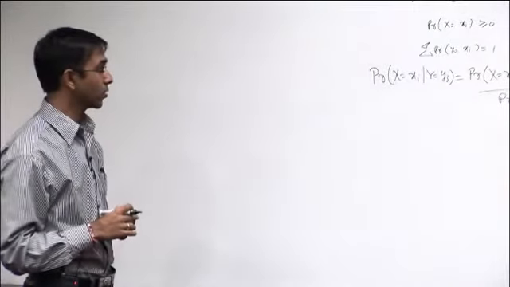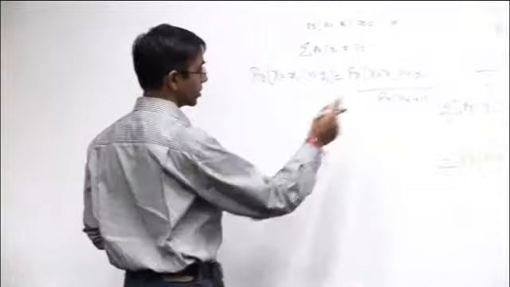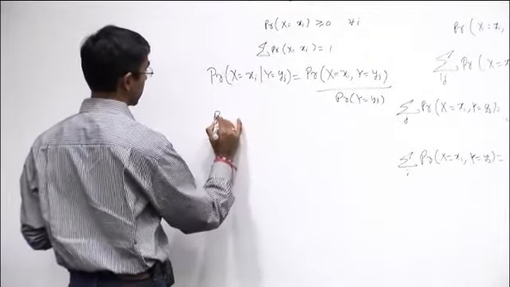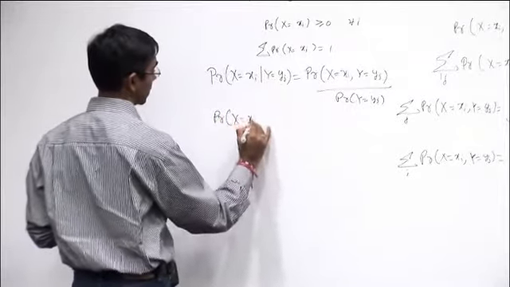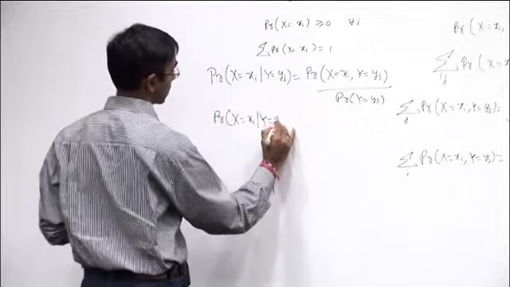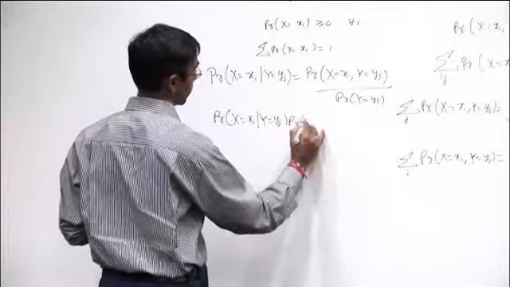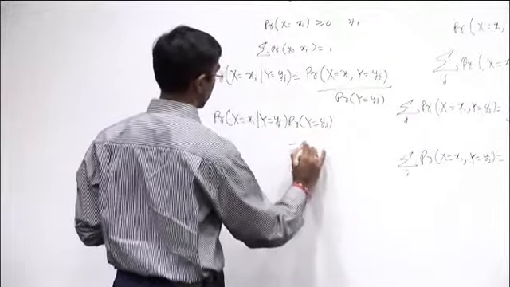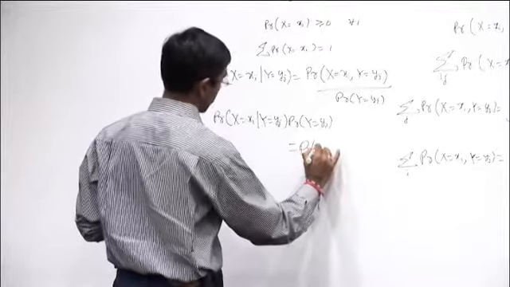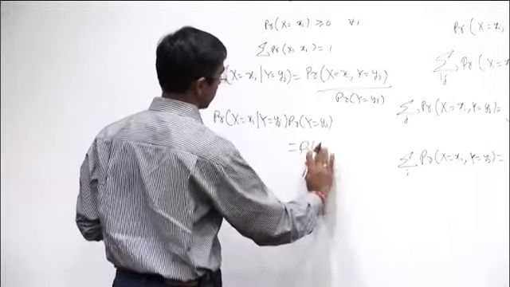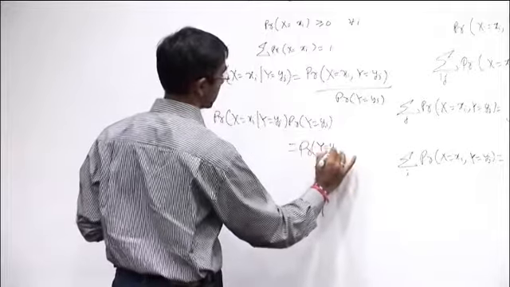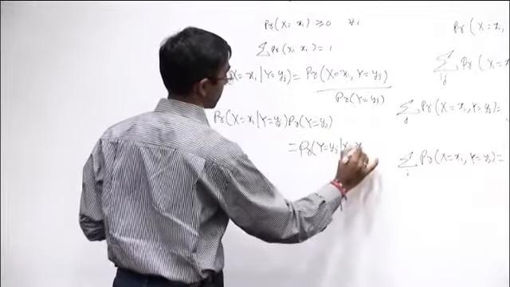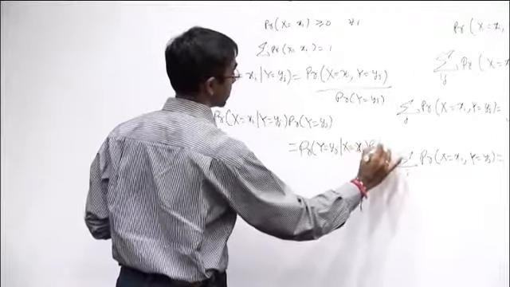This is very interesting because it says that probability of x equal to xi given y equal to yj times probability of y equal to yj is equal to probability of y equal to yj given x equal to xi times probability of x equal to xi.